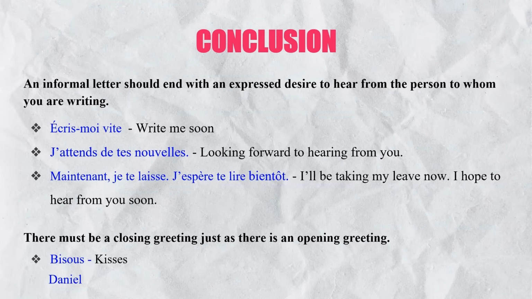Or you can say j'attends de tes nouvelles. Looking forward to hearing from you. Or another option you can use is maintenant, je te laisse. I'll be taking my leave now. J'espère te lire bientôt. I hope to hear from you soon.